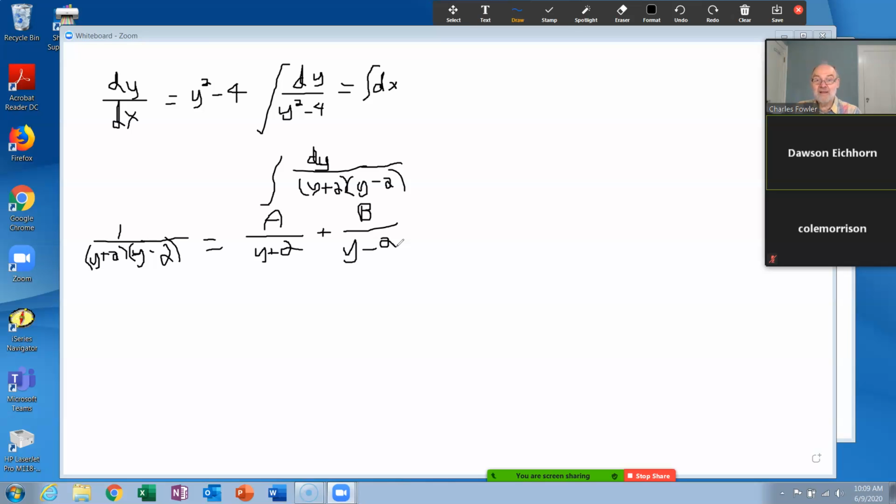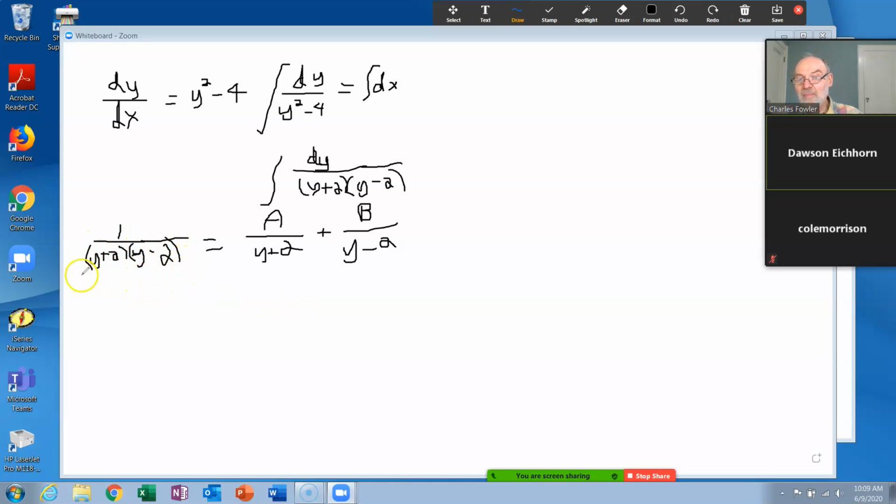Okay? If we can find the a and b that makes that true, then we can go back and integrate that much more easily. In fact, we can't otherwise. Okay. So, what's your first step here? If that is indeed true, what is it you don't like about that problem? You need a common denominator. Yeah, you have denominators, and the common denominator is this one right here.